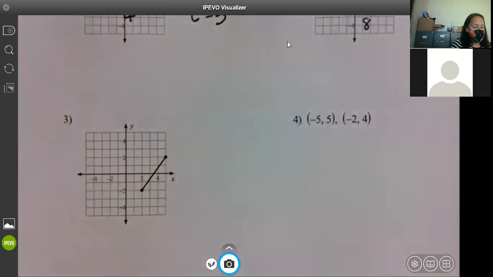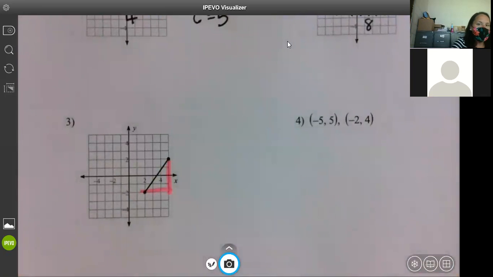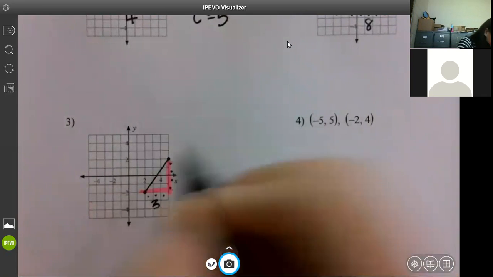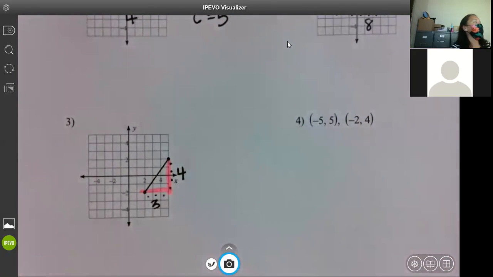Next one, same thing. Make your triangle. Have 3 boxes on the bottom, 4 on the side.